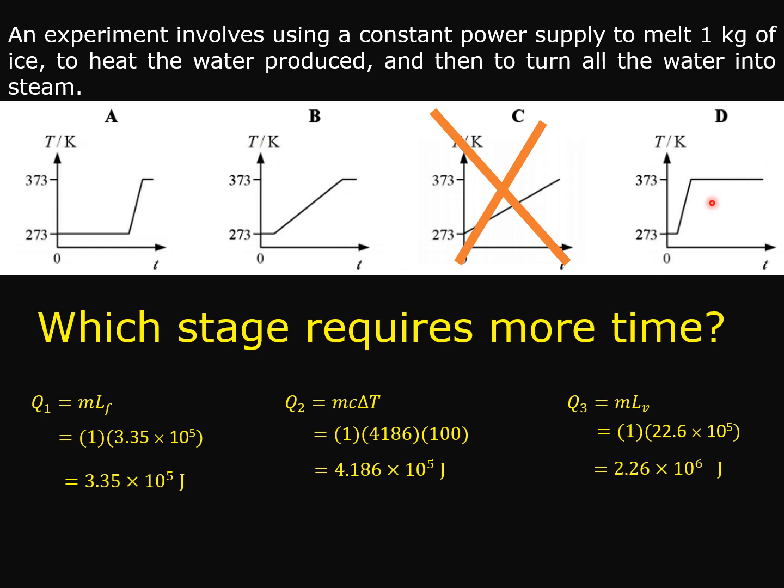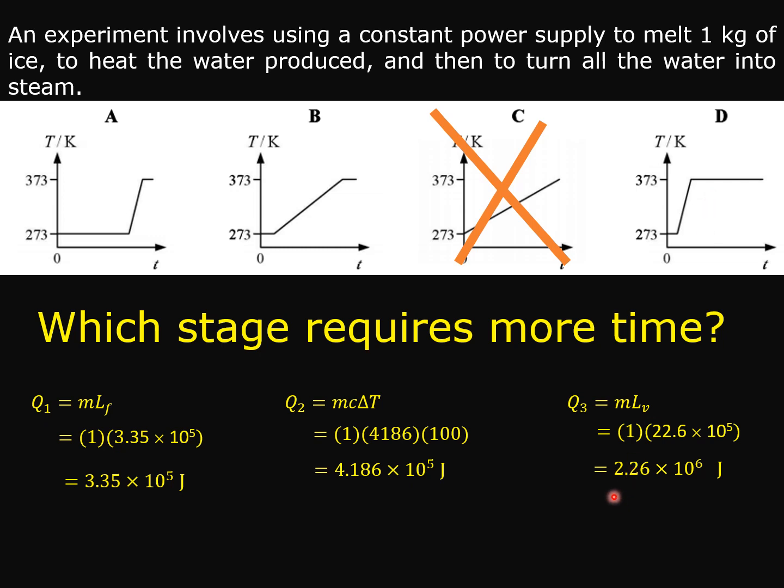Now look at D. You see in D, the first stage time is the shortest, the second is longer, and the longest one is the third stage. So that means it matches the information that we have based on our calculation results. So that means the answer is D.